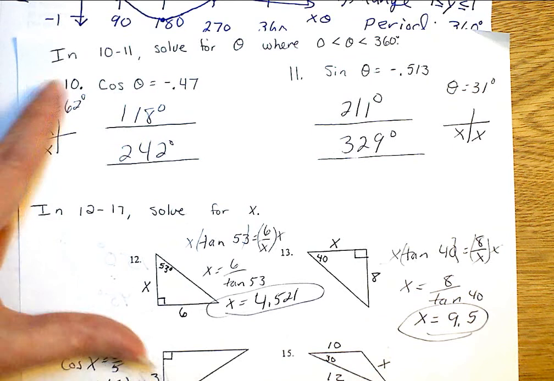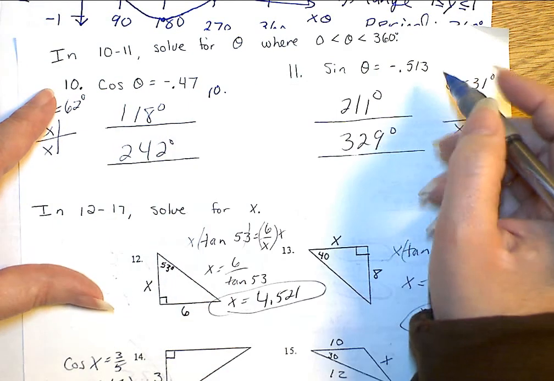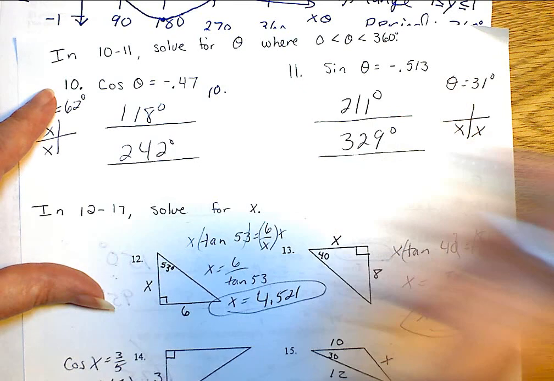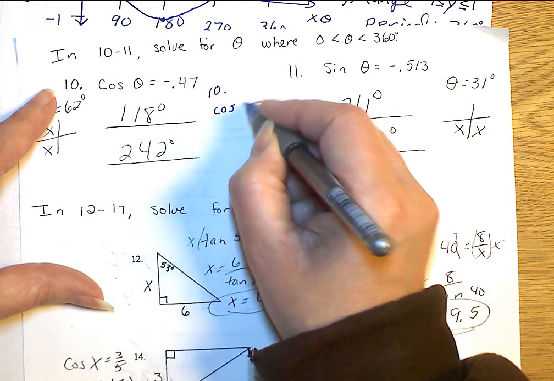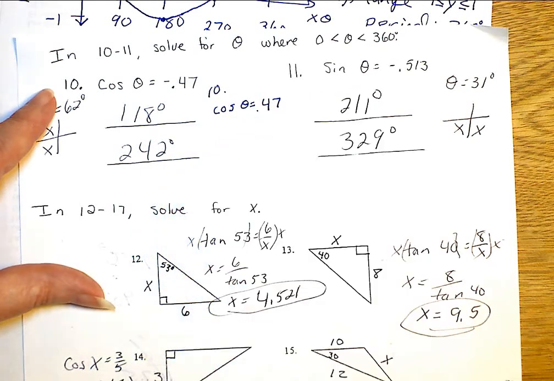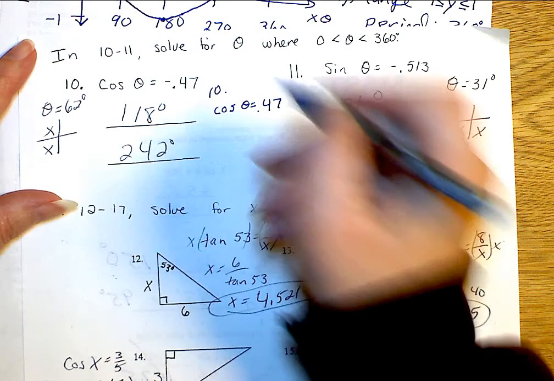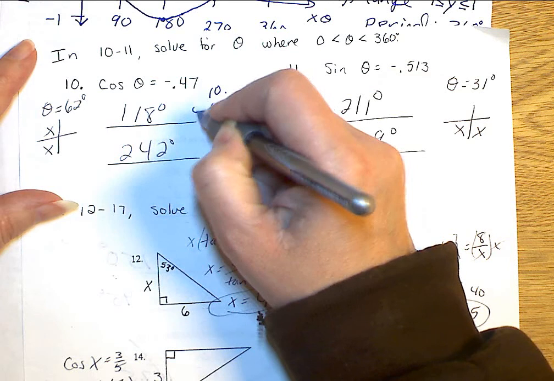So the first step, and we'll do number 10 first, is to take the positive of it. So you have to do cosine theta is equal to 0.47. You always have to look at the positive. So how do I find theta? Inverse. I'm going to take the cosine inverse of both sides.